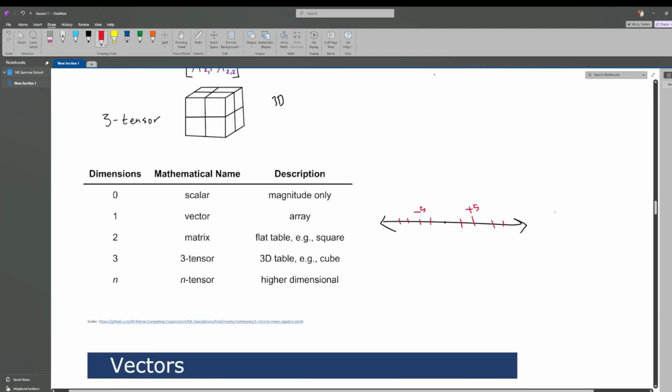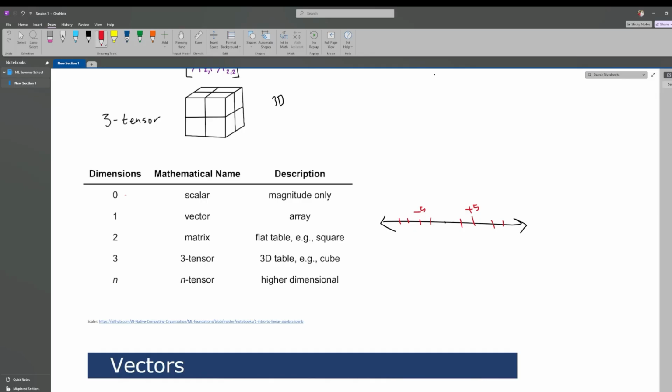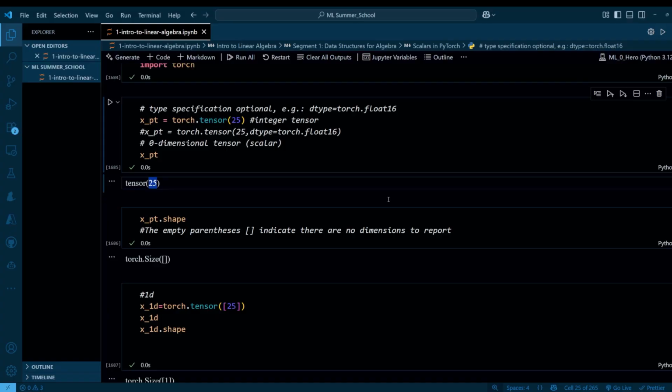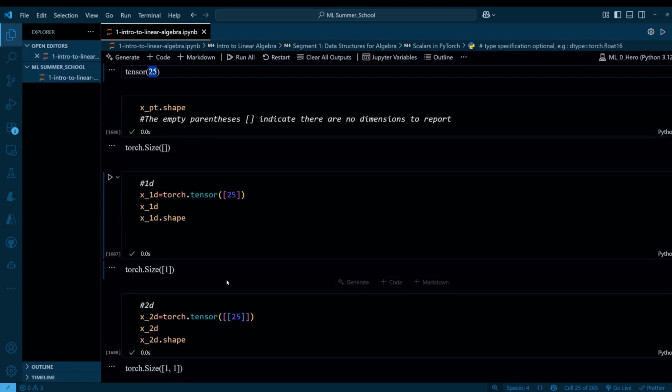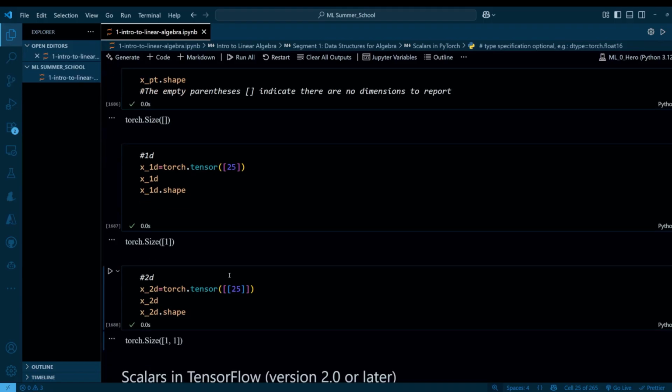So for the scalar we have 0 dimensions, that's it. So the shape is going to be 0. There's not going to be anything. So you can see there's nothing. It means there are no dimensions to report. That's it.